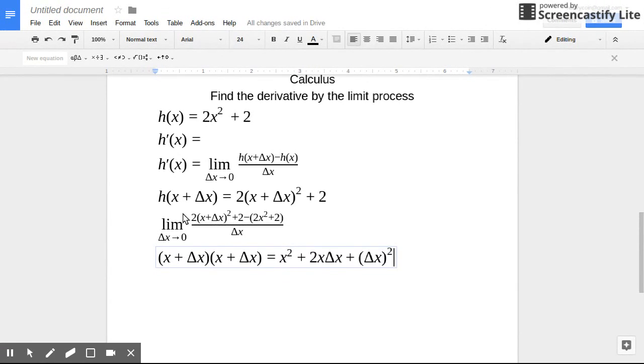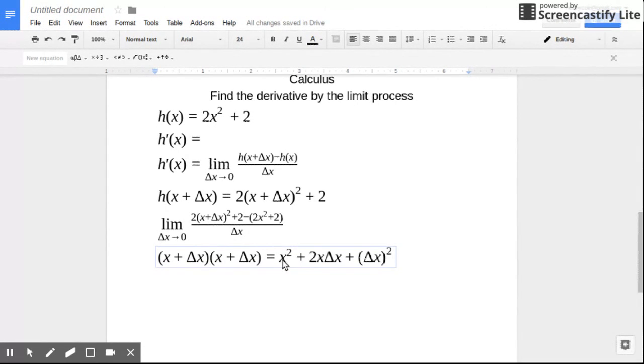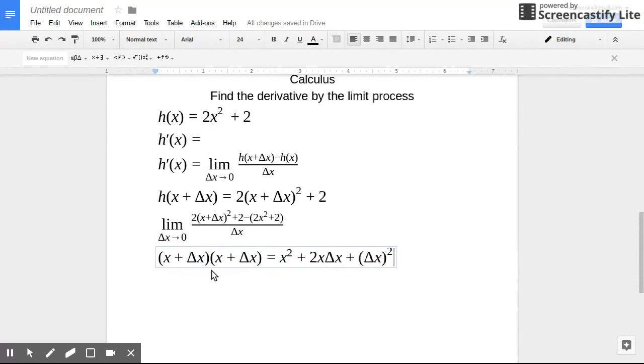So what are we going to do with this 2 now? We're going to distribute it all the way across. I guess we won't skip too much of it, I'll just rewrite it.